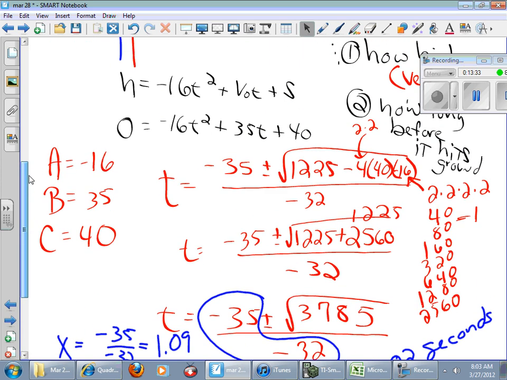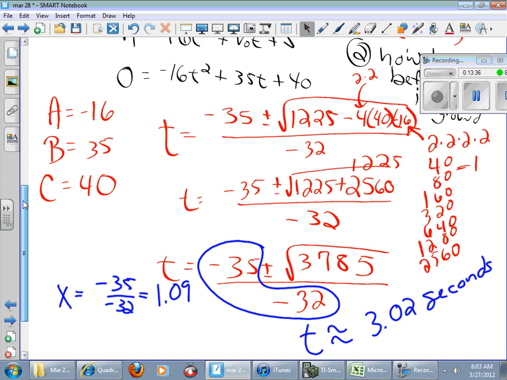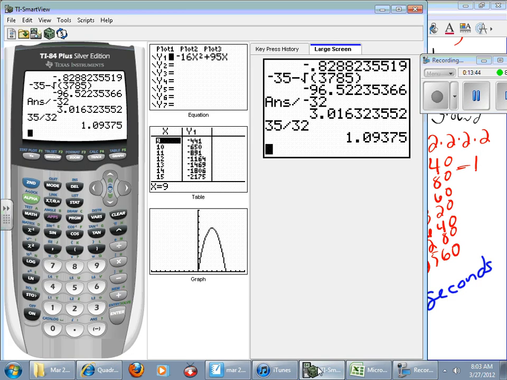Actually, not the formula, but the original equation right here. And for t, I'm going to plug in 1.09. Now, I know my answer is going to be off a little bit because I'm rounding. So negative 16 times 1.09. And if I want, I can go 375, and then my answer will be much more accurate.